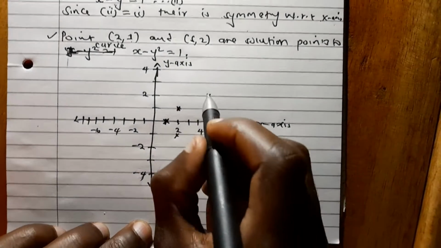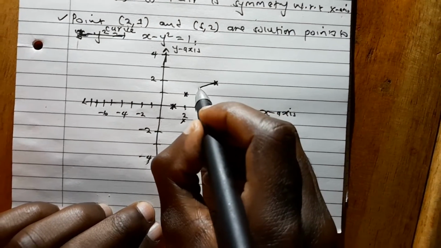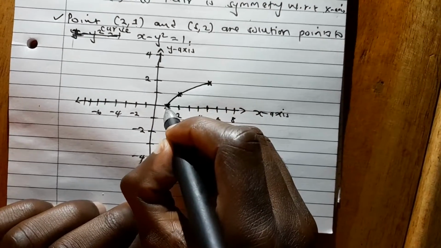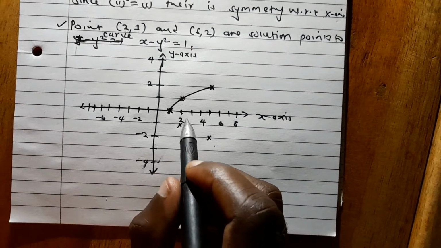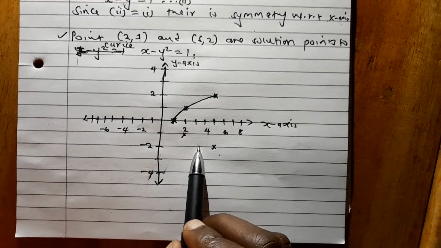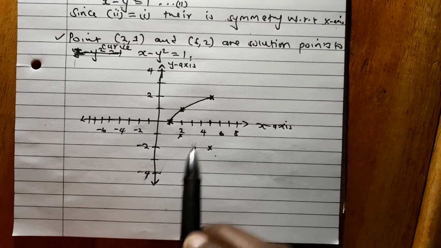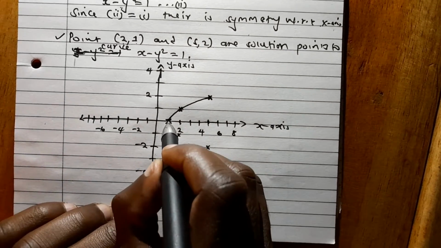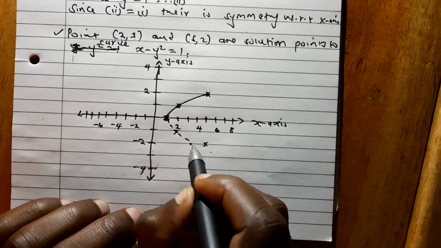Now with that, we can join the points using a smooth curve. And since under symmetry we said the portion of the graph below the x-axis is a mirror image of the portion of the graph above the x-axis, the portion below the x-axis will be a dotted line.